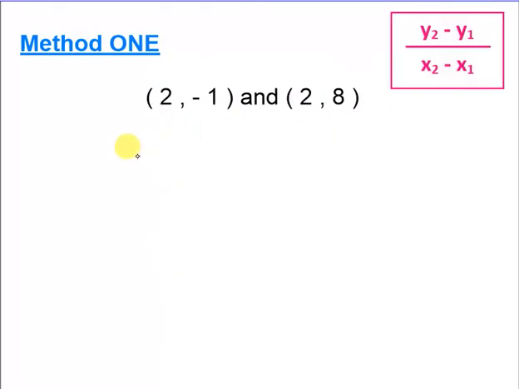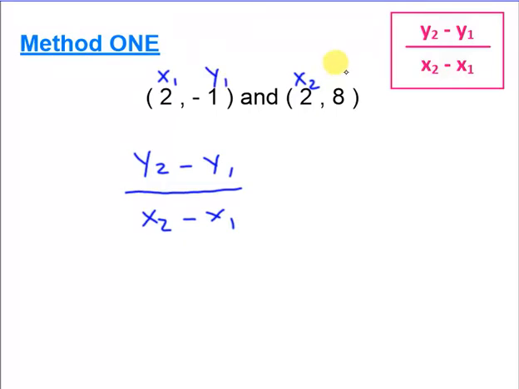All right, let's try another one. y2 minus y1 over x2 minus x1. So here's our x1, our x2, our y1, and our y2.